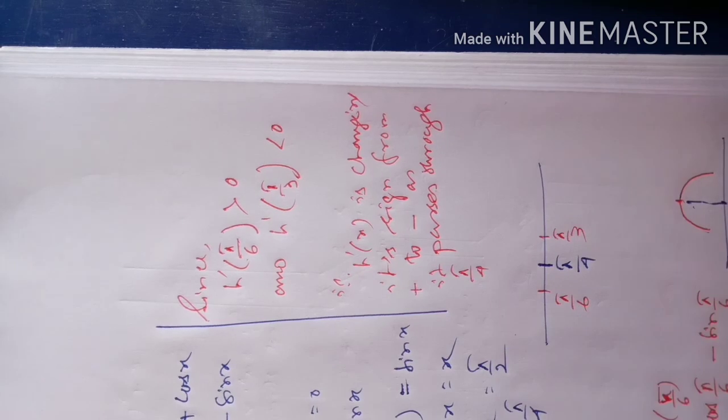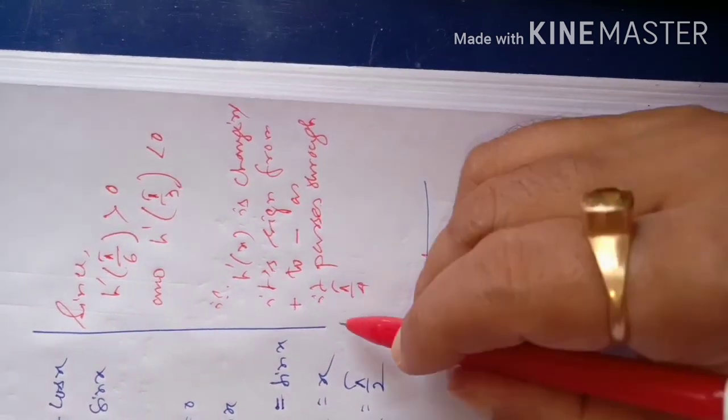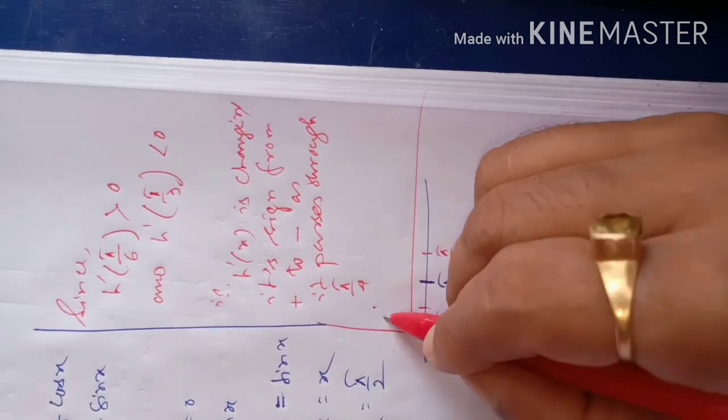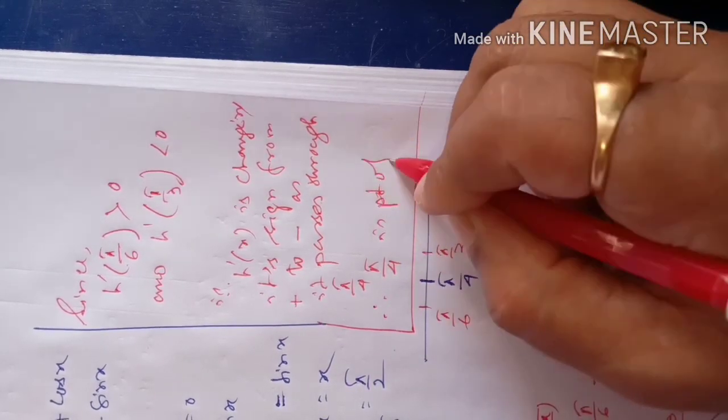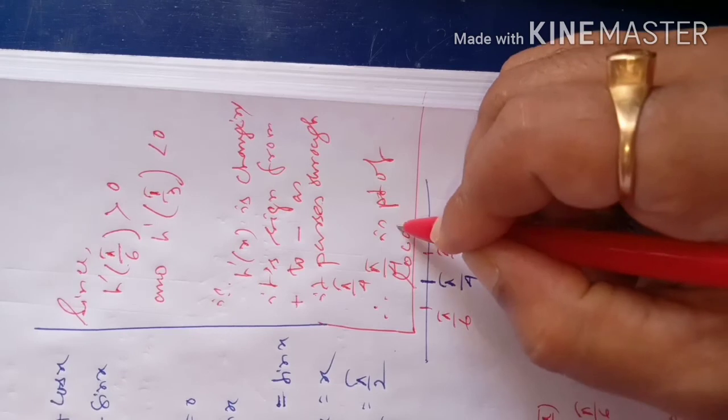Therefore, pi by 4 is a point of local maxima.